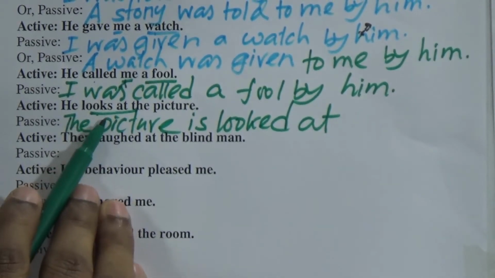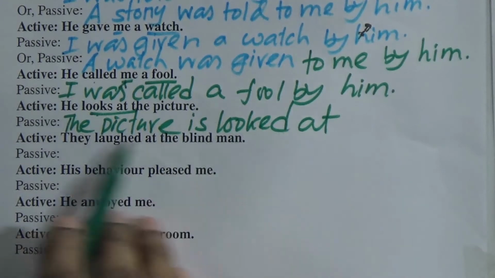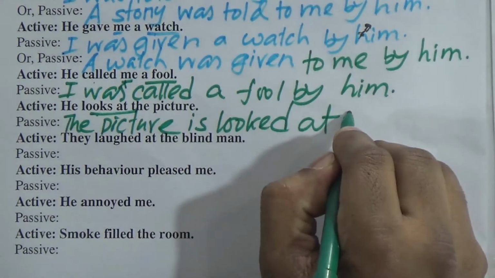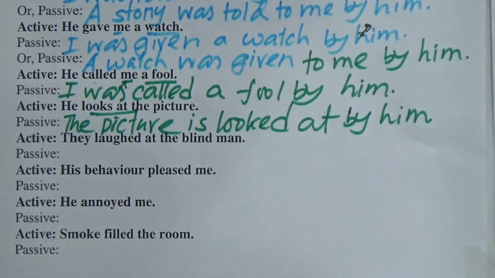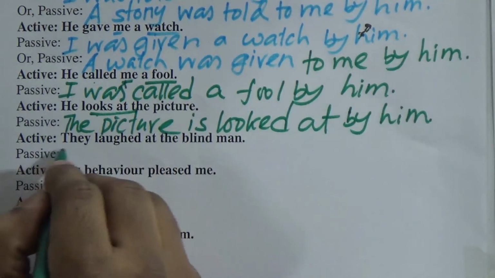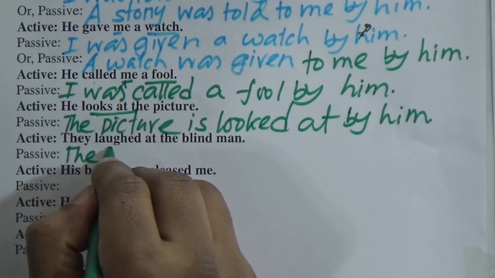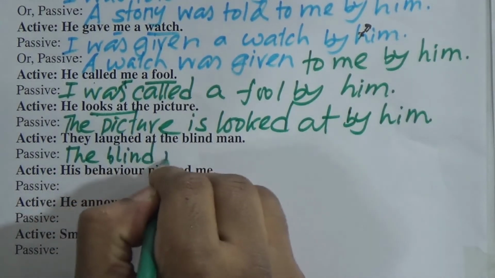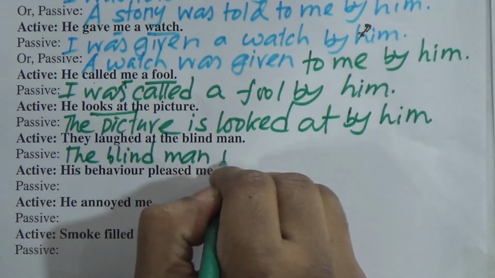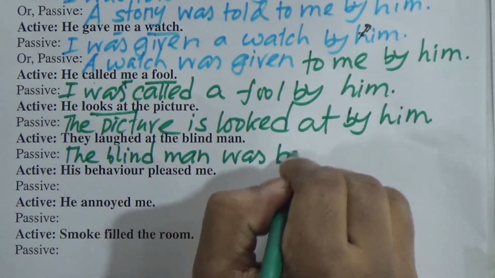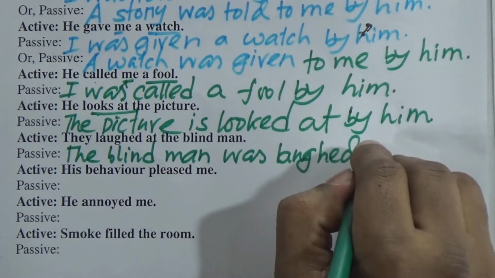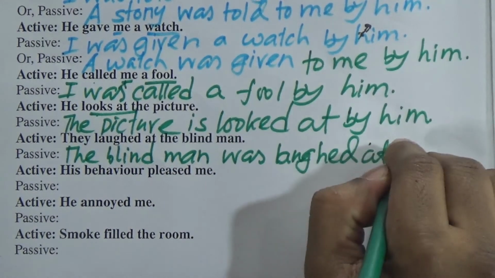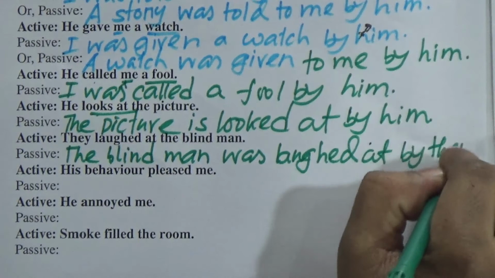So if a group verb is given, we have to keep the group verb. The picture is looked at by him. Okay. They laughed at the blind man. Here the object is the blind man. Laughed is past indefinite tense, so we have to use was. The blind man was laughed at by them.